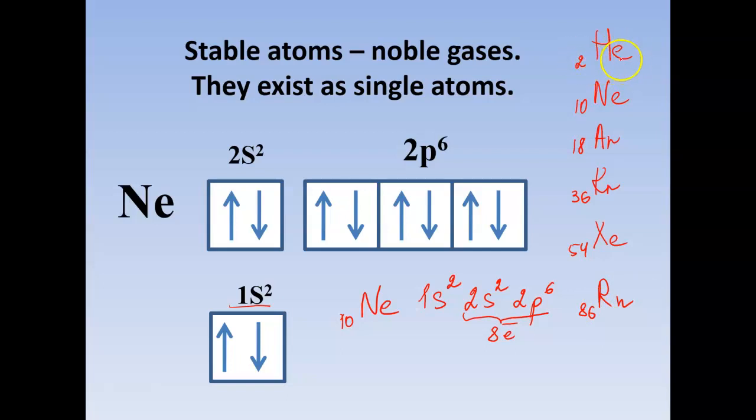It has only 2 electrons at all. That means that its outer shell is completed when it has only 2 electrons.